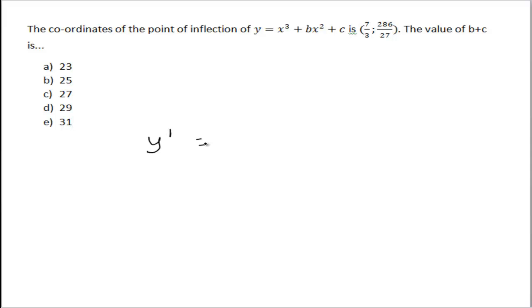So if you look at the first derivative here, y prime is equal to 3x squared plus 2bx, and your second derivative is 6x plus 2b.